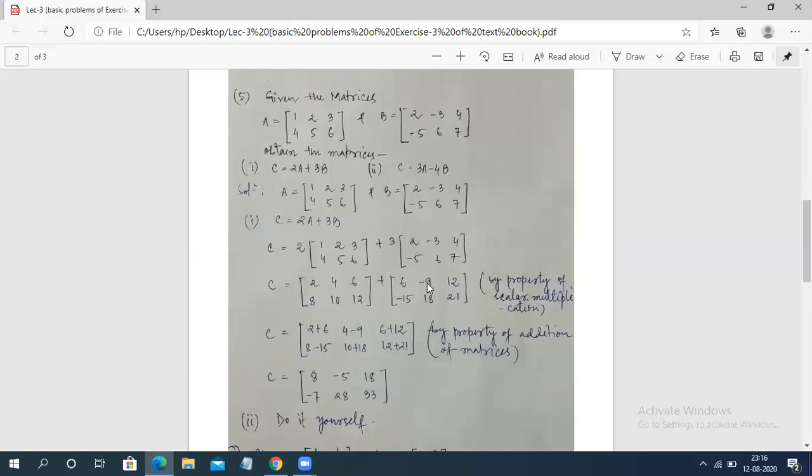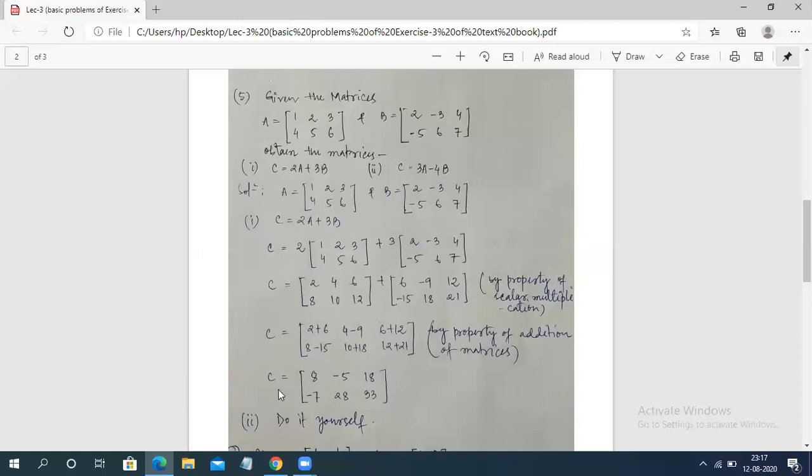A12 will be added with B12, so 4 plus minus 9. A13 will be added to B13, so 6 plus 12. Similarly, A21 will be added with B21, so 8 plus minus 15, that is 8 minus 15. 10 plus 18, 12 plus 21.